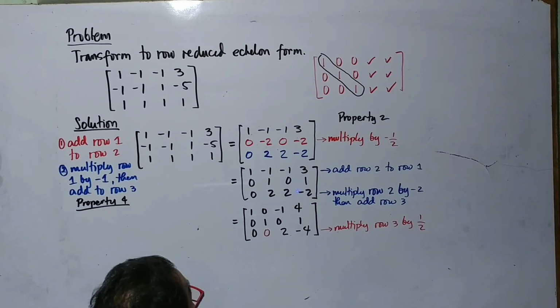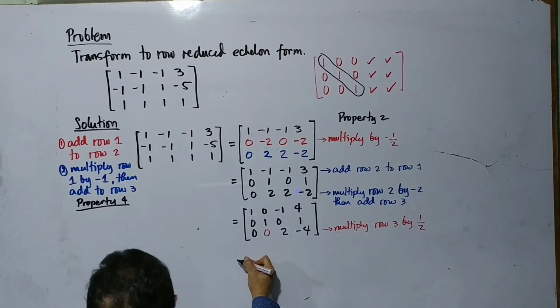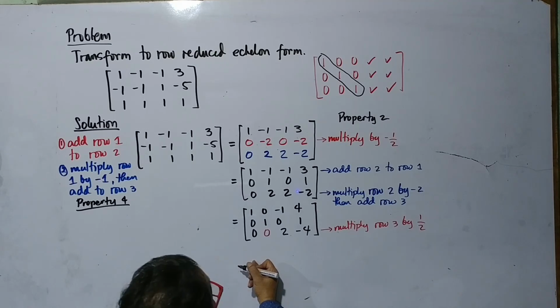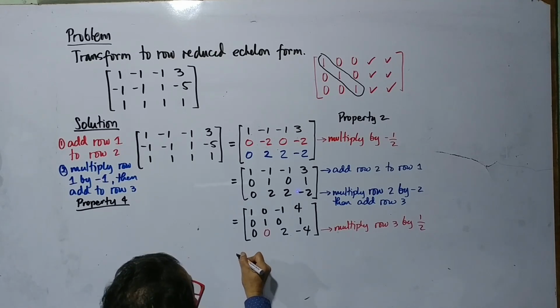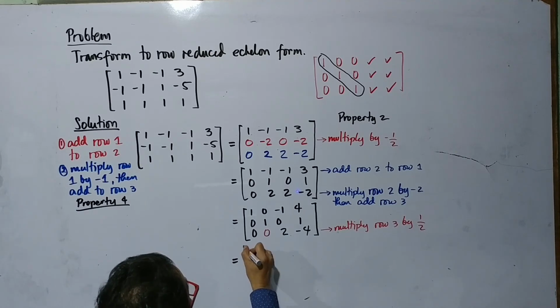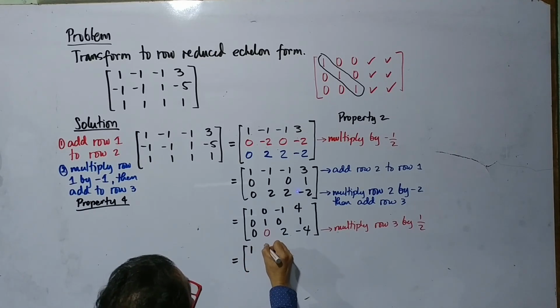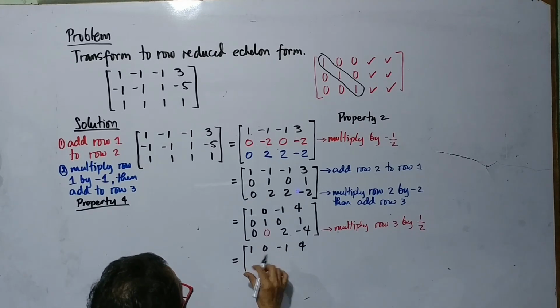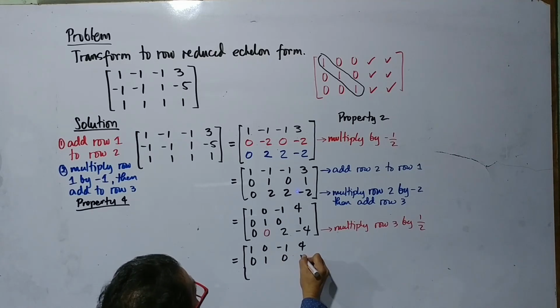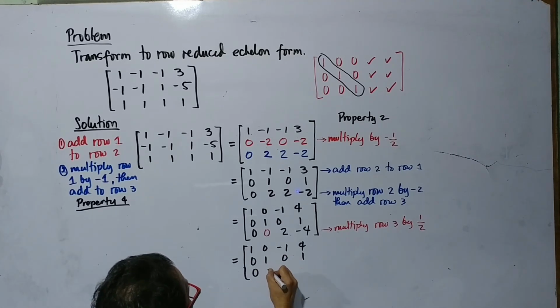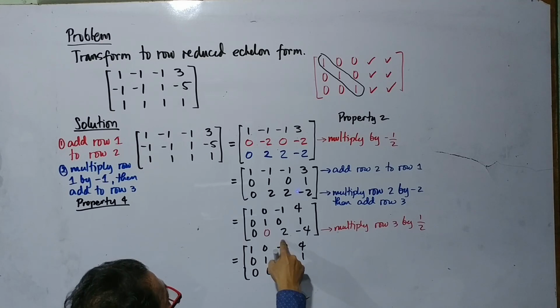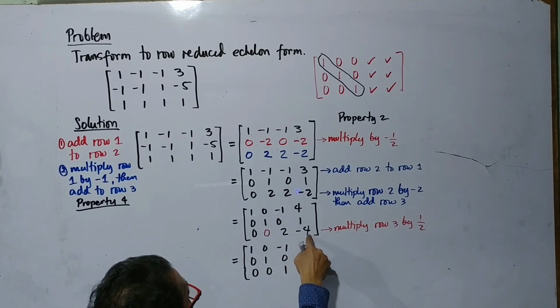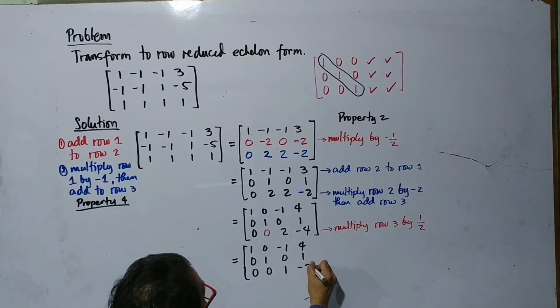So we have 1, 0, negative 1, 4, 0, 1, 0, 1, 0, 0, divided by 1/2 becomes 1, divided by 1/2 we have negative 2.